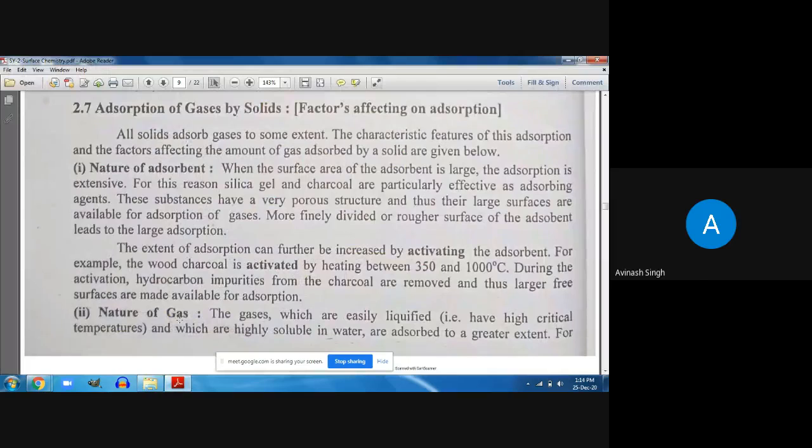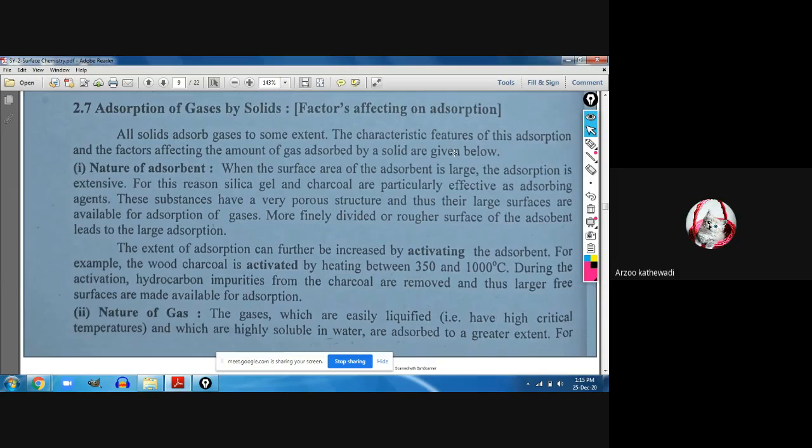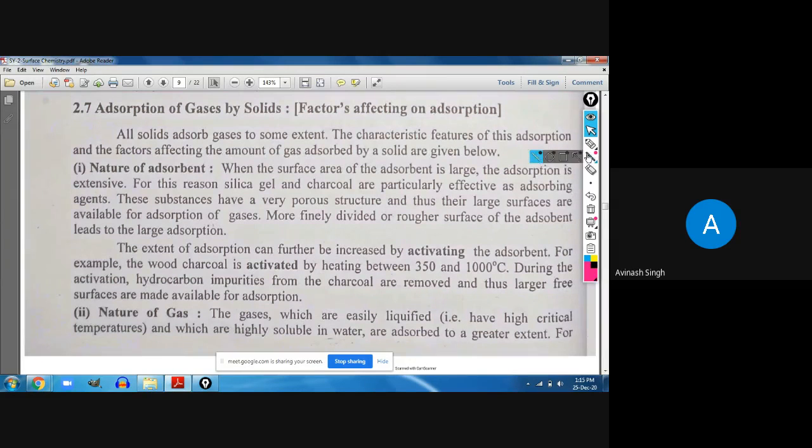Okay, so first of all, it's a surface phenomenon, right? Yes, sir. If you have a solid, an adsorbent whose surface area is large, so you'll have more adsorption or less adsorption? More adsorption. So the first thing is the surface area of the adsorbent: larger the surface area, larger will be the adsorption.